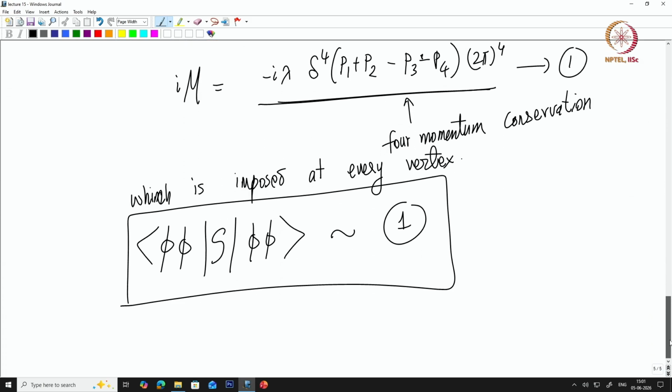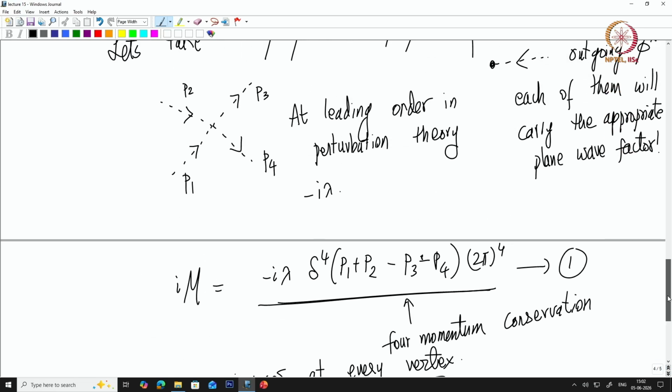Okay. And you can calculate this order by order. That means that you have calculated at the leading order, for example in leading order in lambda.